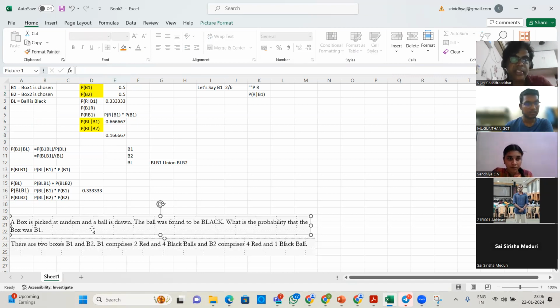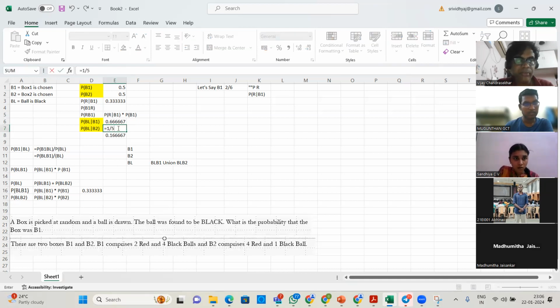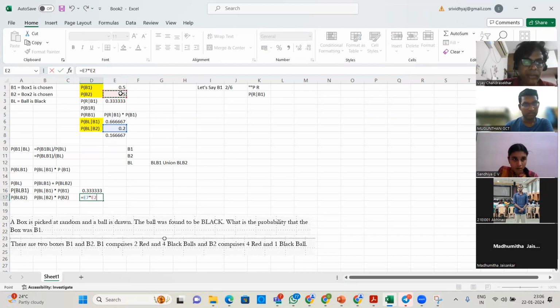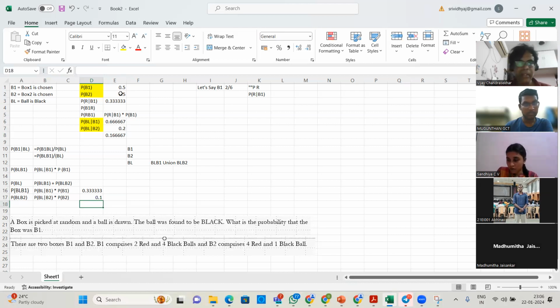Just have a look at this, folks, and tell me what is probability of BL given B2. I don't want Mukundan, Sirisha, and Abhinav to answer. Someone else. 1 by 5. That's right. Correct. So this would be 1 by 5, 0.2. So now I'll just multiply these two. Everything is available. BL given B2 multiplied by probability of B2. Now we have all the pieces available.